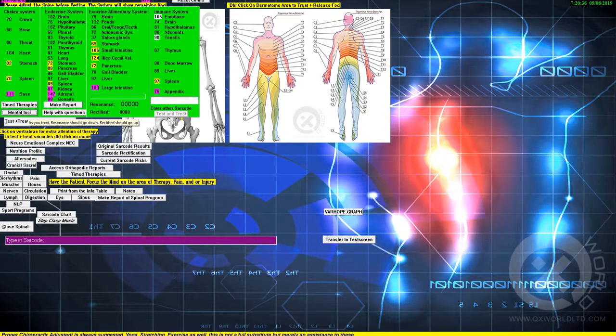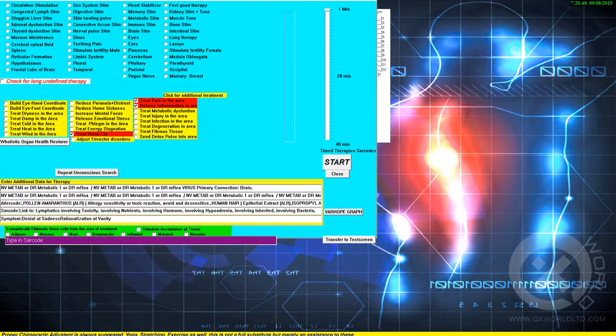And then I can look at the emotion, and I can just ask the superconscious, what is it that I should do with this client? And right away the system tells me. And I can go into those therapies here, and then I can do what we call time therapy. It means I can set the time, and then I can harmonize the circulation, the brain, the lymph, the lung, the kidneys, everything.